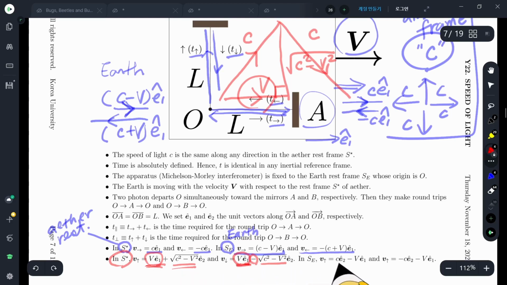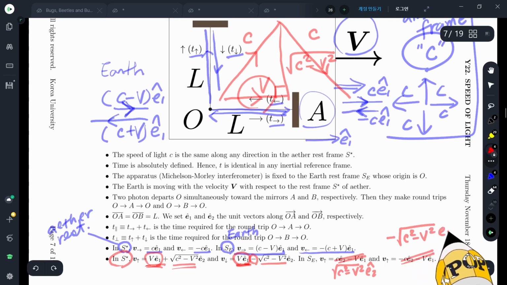So this part is wrong, and we should copy this result. It should be the square root of c squared minus v squared e2 hat, and when it returns it is minus the square root of c squared minus v squared e2 hat, which is the velocity measured in the Earth rest frame.